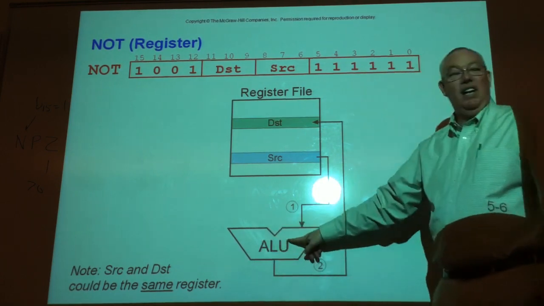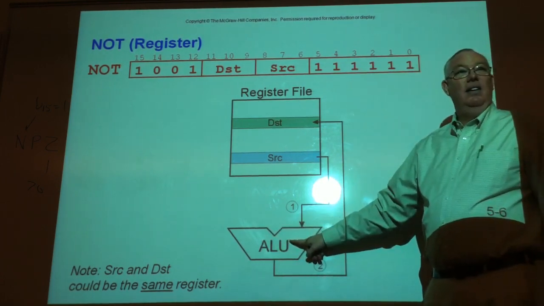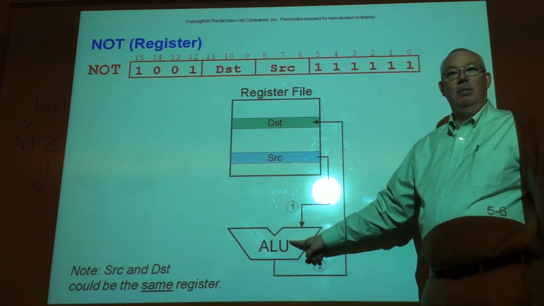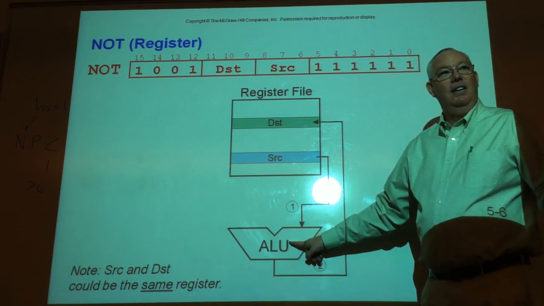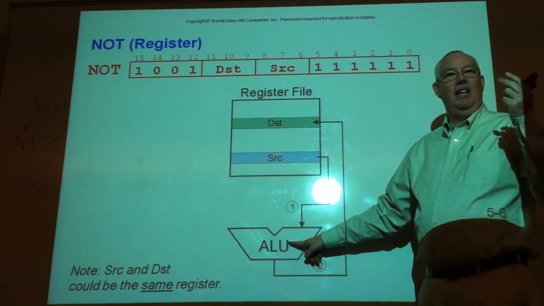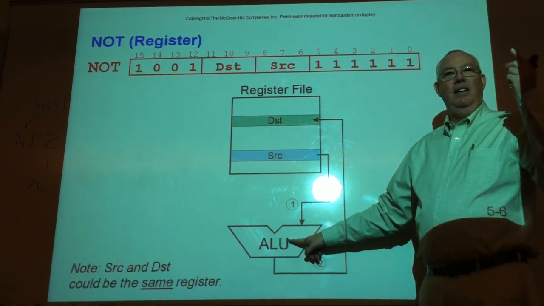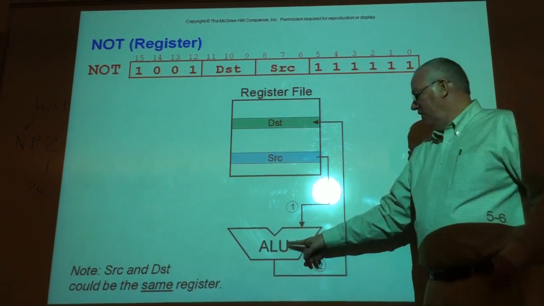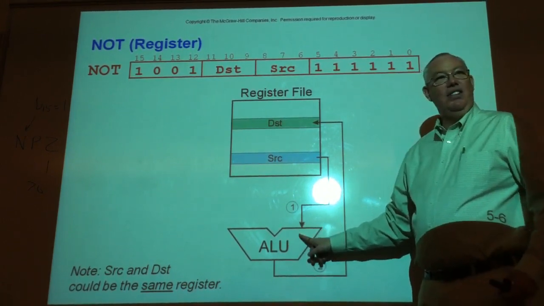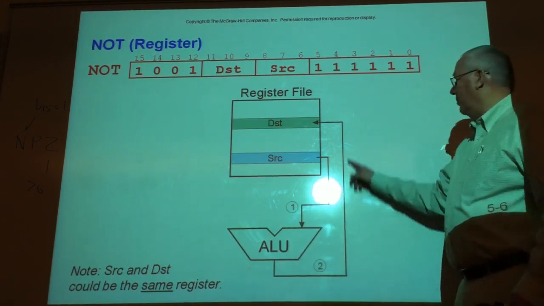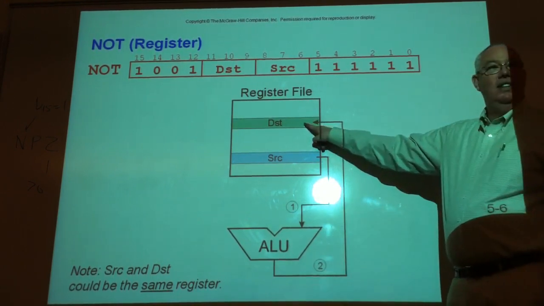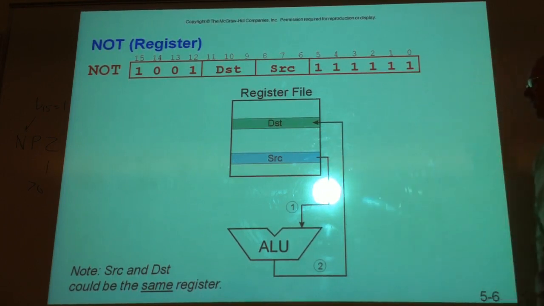We tell the ALU to perform a NOT. The ALU can perform three things, right? NOT, ADD, and AND. So we just say NOT. NOT's unary, so I don't need anything here. NOT the ALU, and then it comes in and stores it in the destination. So that's how the ISA works.